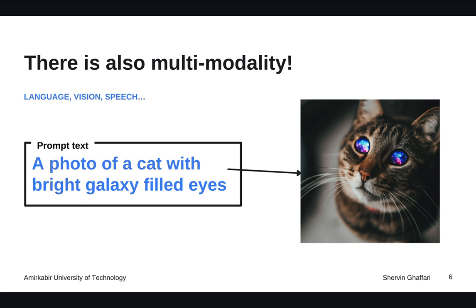They follow a joint training process to understand the relationship between different objects of the image and the tokens of a text. As you can see, a prompt is describing this cat, and the model understands this and made a generation, as you can see here.